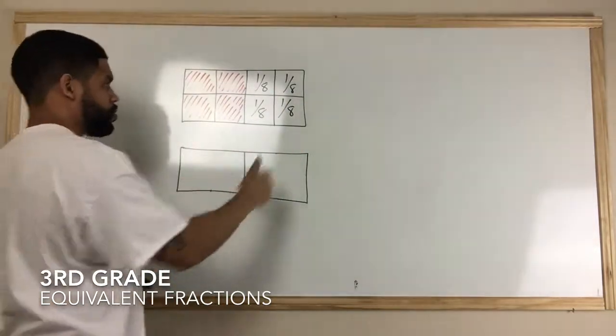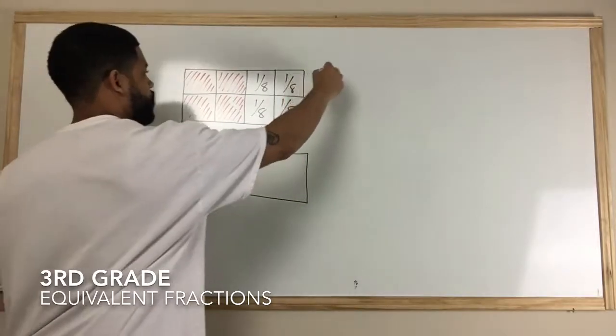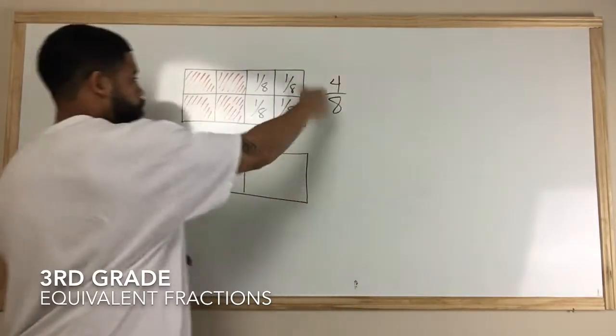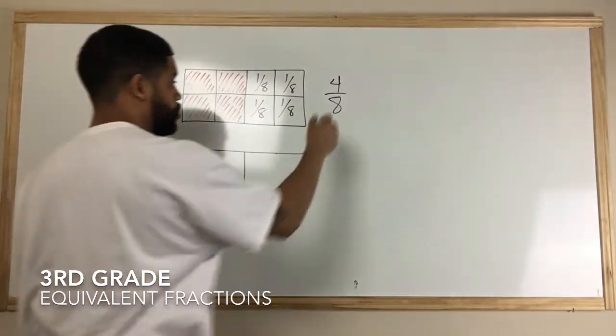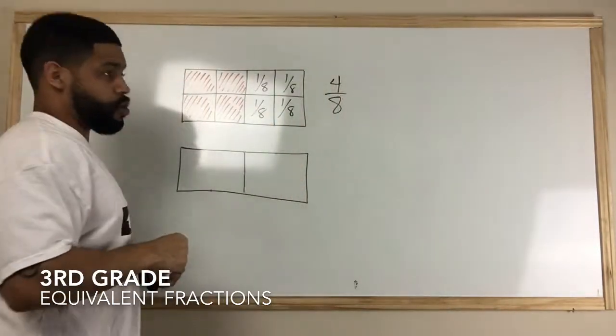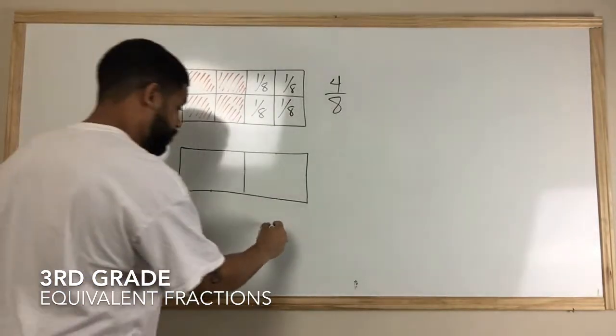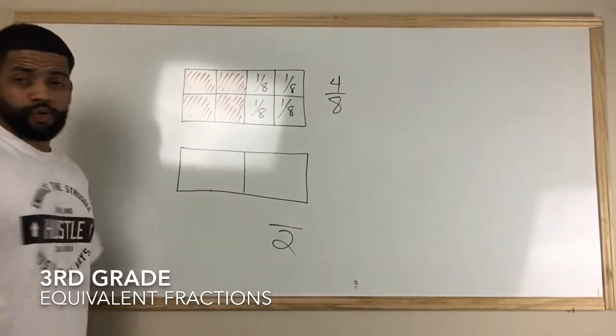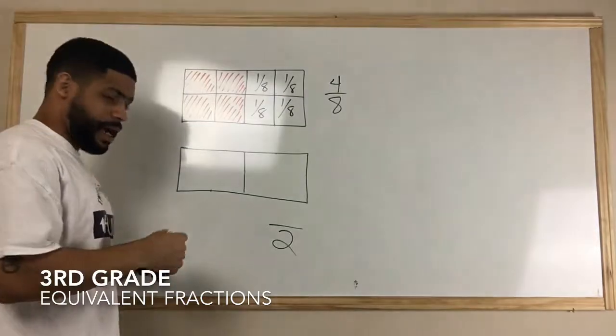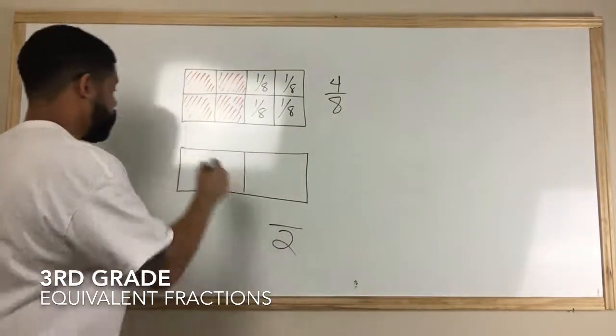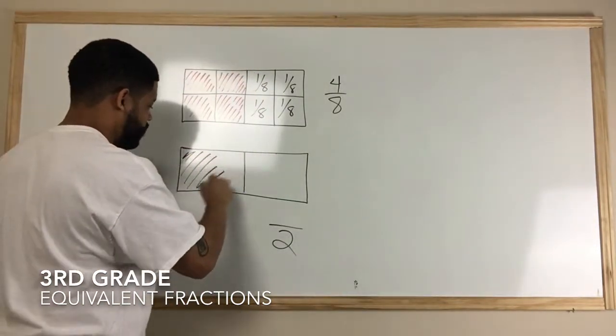So here I have 4/8 total in red, okay? 8 total pieces, 4 parts that are each 1/8 size. Here I only have 2 total parts, but I'm going to shade in 1 out of the 2.